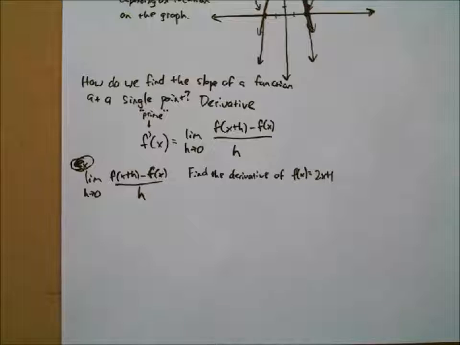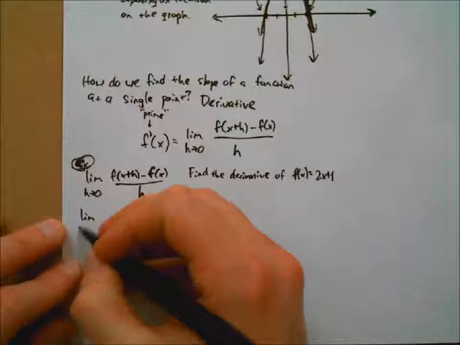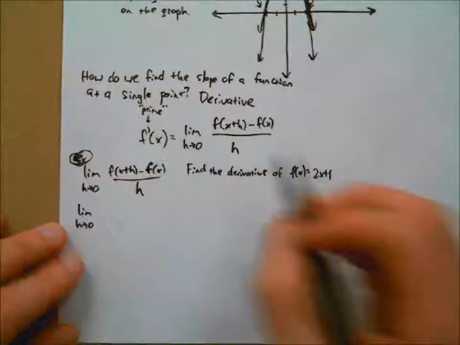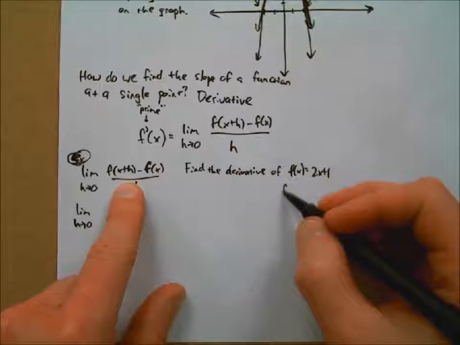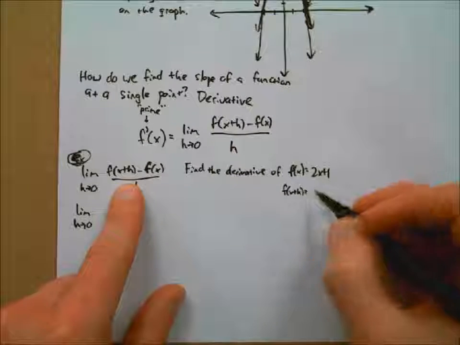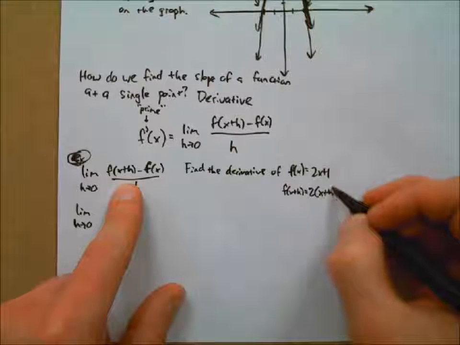So, limit as h approaches 0. f of x is equal to 2x plus 1, so f of x plus h is going to be 2 times the quantity x plus h plus 1.